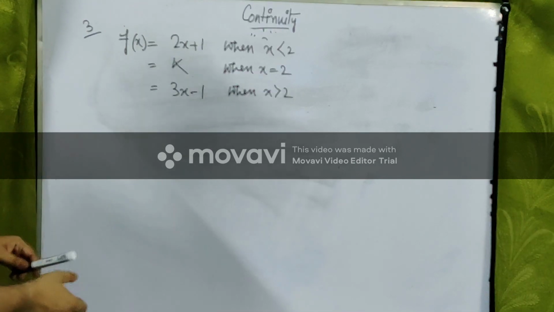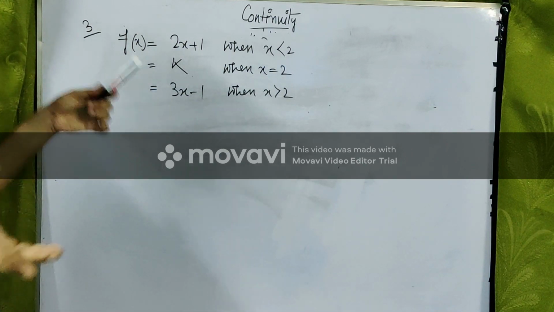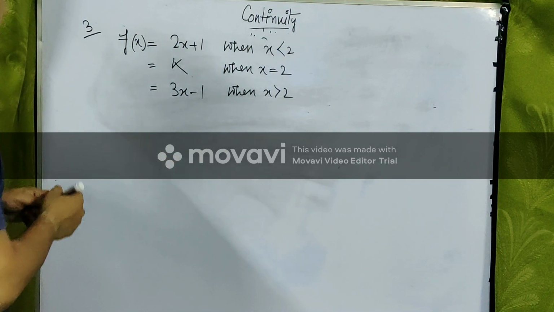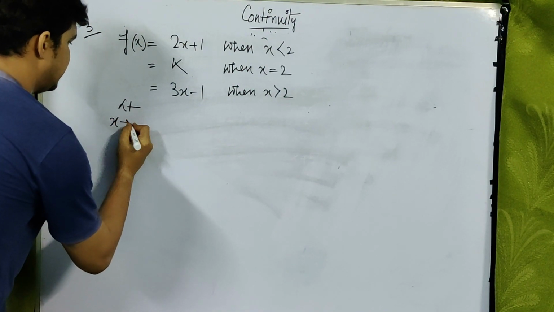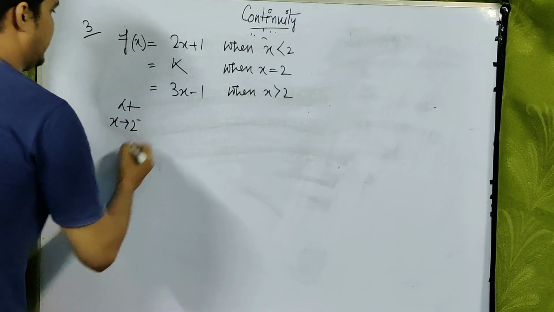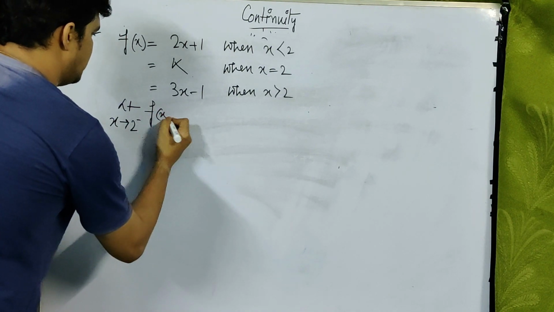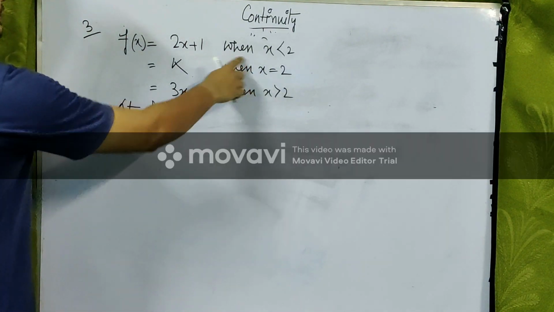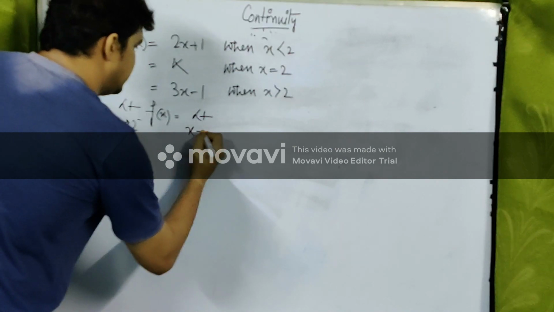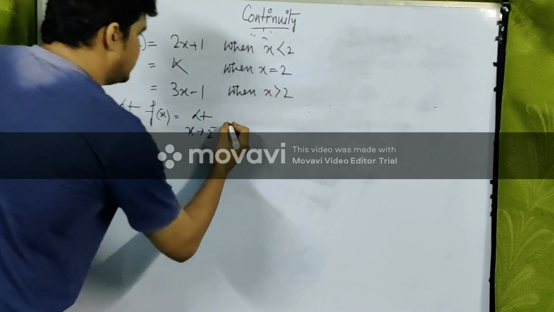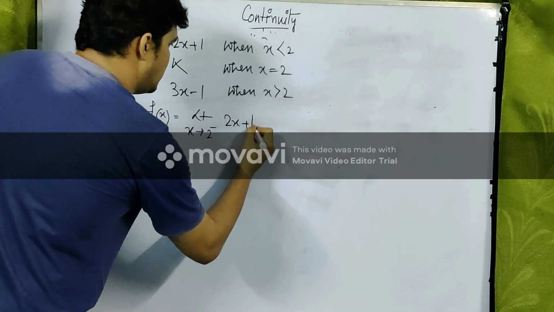Okay. So again, it is similar to the previous one, so in the same way we can do it. So the limit as x tends to 2 minus of f(x). When x is less than 2, how is the function defined? In this way. So the limit as x tends to 2 minus of 2x plus 1.